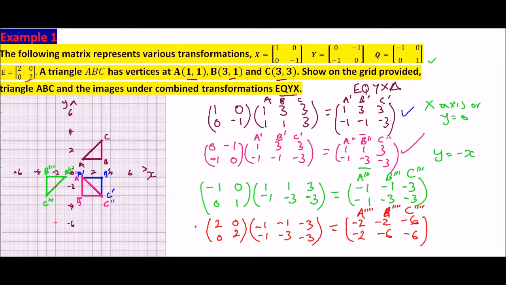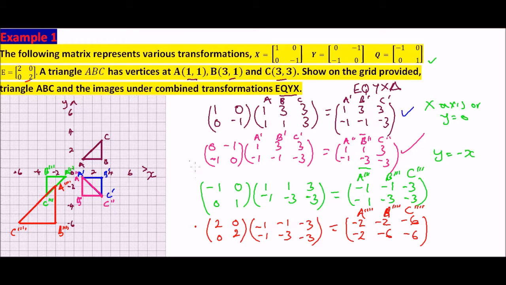And minus 6, minus 6, this is minus 6, and that is our minus 6. So this is what we have as our image of A. This is where we have our B, and this is where we have our C. So we join the 3 points so that we bring the triangle.